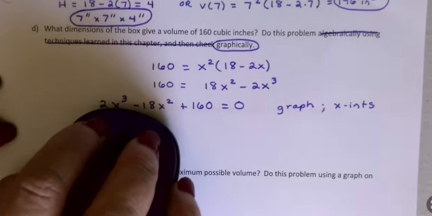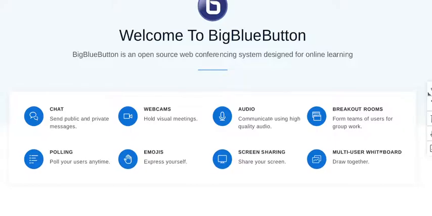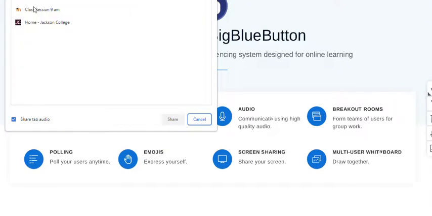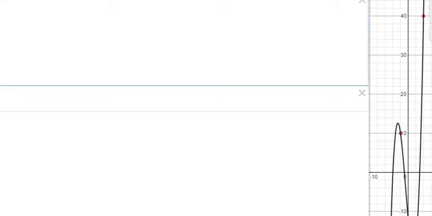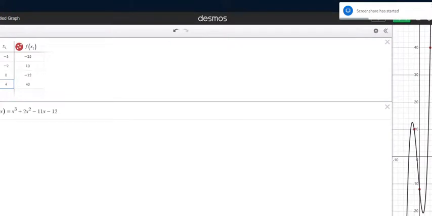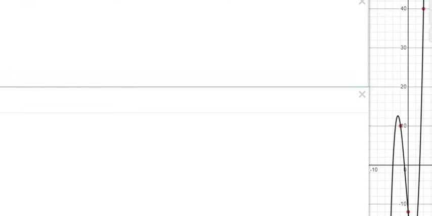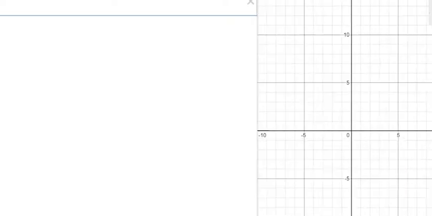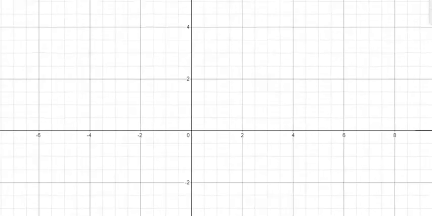All right, let me get Desmos going here. And if I get rid of some of this old stuff and enlarge my graphing window again.